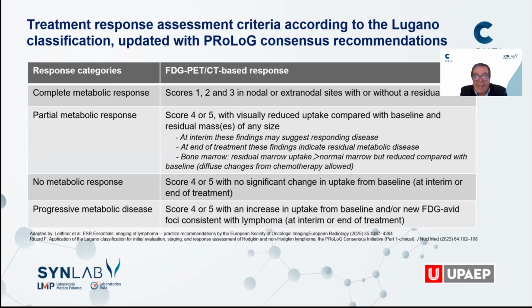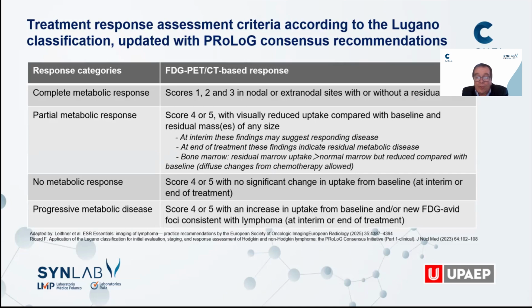In this slide, I've shown the Lugano criteria to assess treatment response. Note that complete metabolic response can be achieved also in presence of residual mass. The Prolog consensus is an initiative of the response criteria in lymphoma working group that integrates the Lugano criteria with clinical data and data about the evaluation of spleen, liver, and nodal involvement.